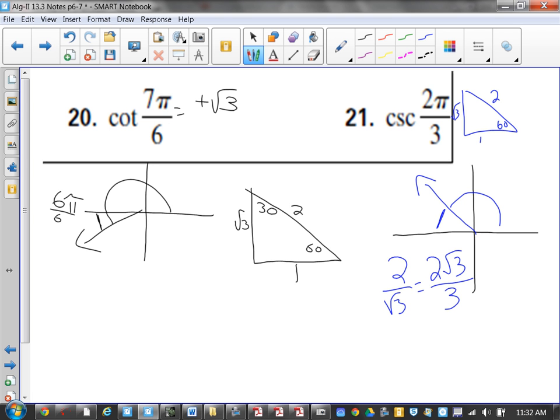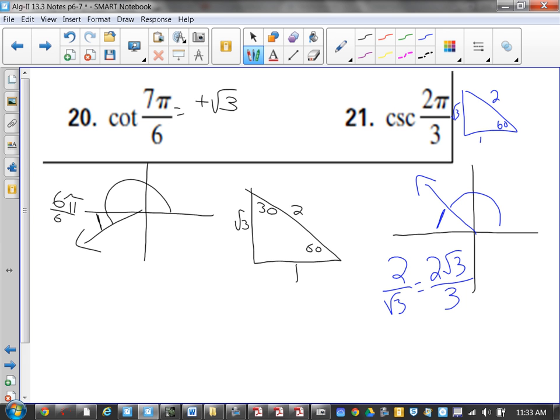Now, cosecant is the inverse of sine, and is sine positive or negative in the second quadrant? Positive. It's positive because it's the y value, so therefore your answer is just 2 root 3 over 3. How do you know the positives and negatives?